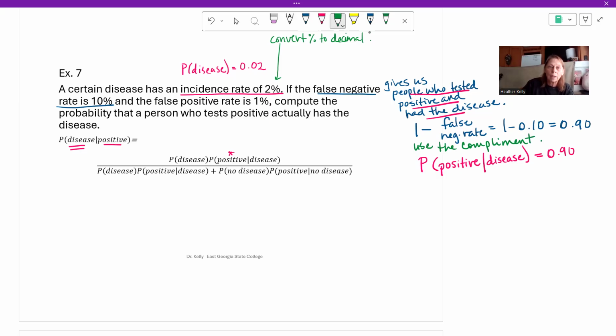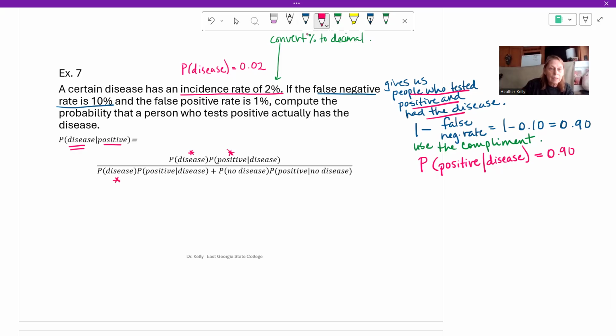Okay, so right now, we have the probability of the disease, the probability that we test positive given we have the disease, and then we also need the positive given no disease, right? Because we've got 2 of these guys.